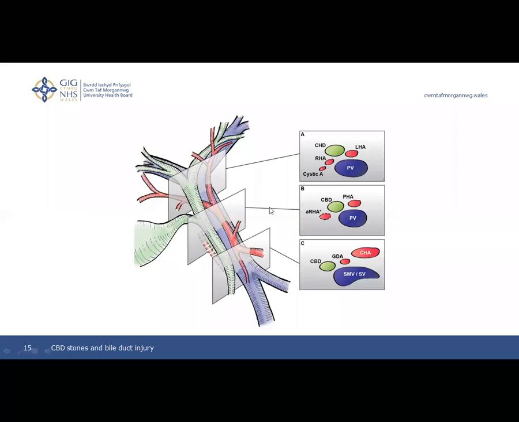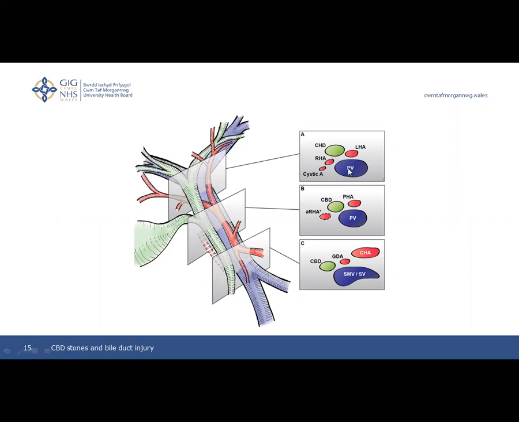These are the relationships in the proximal part. The common hepatic duct is in relation between the right hepatic artery and the cystic artery, and the left hepatic artery.